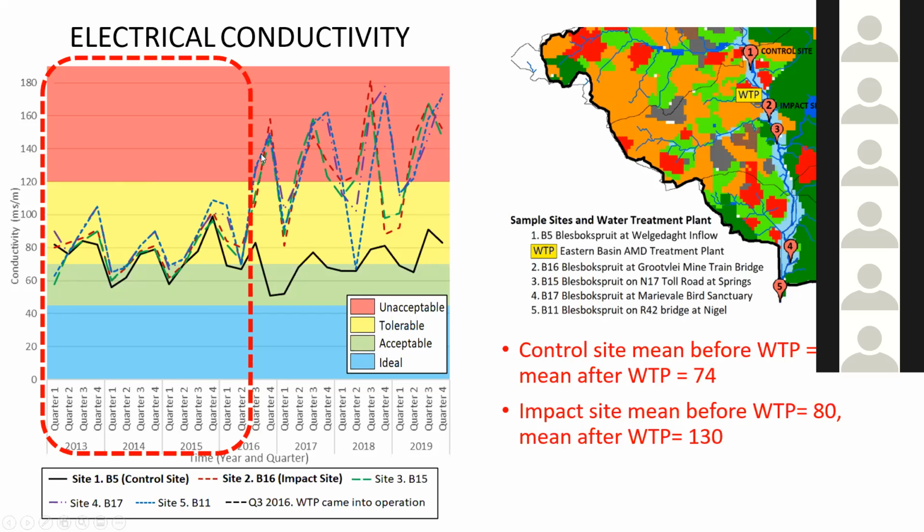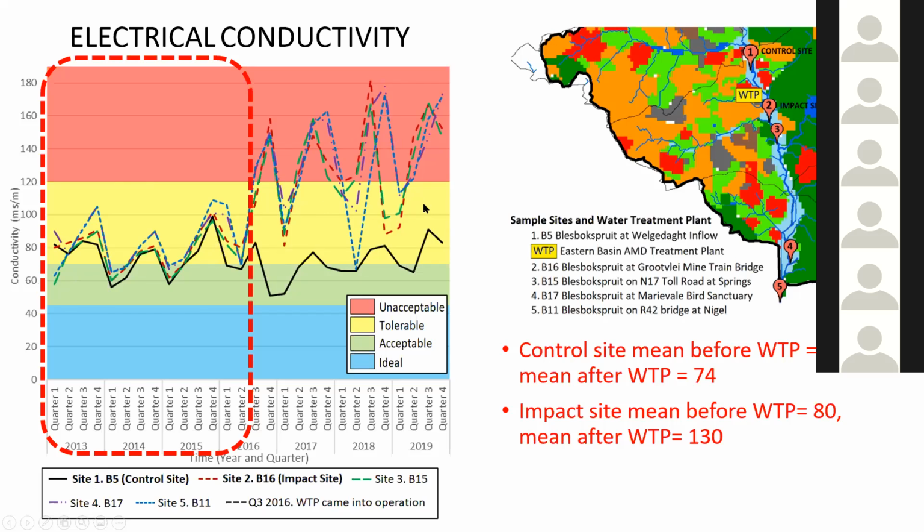The situation after the treatment plant gets commissioned is very, very different. Site 1, the black line here, stays quite similar to its previous behavior. So it was behaving very similarly to what it was doing before, so it acts as a control site.